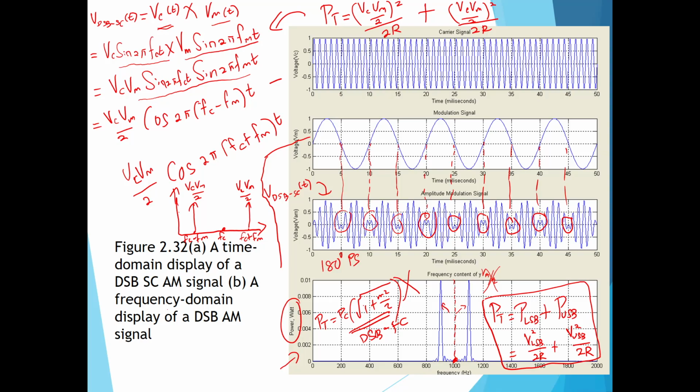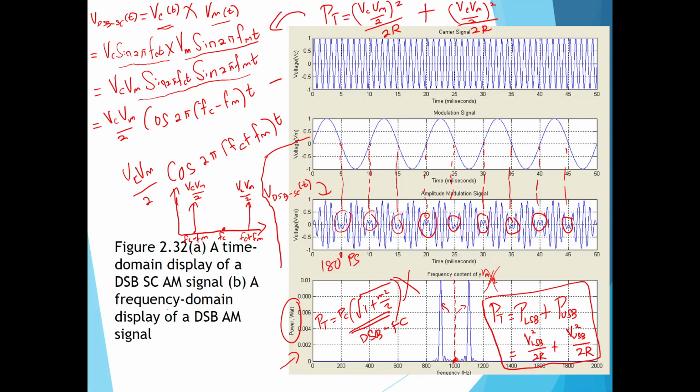So you get the total power. You see from what I've drawn here, the sideband is not equal to Vm over 2. It is larger than Vm over 2.